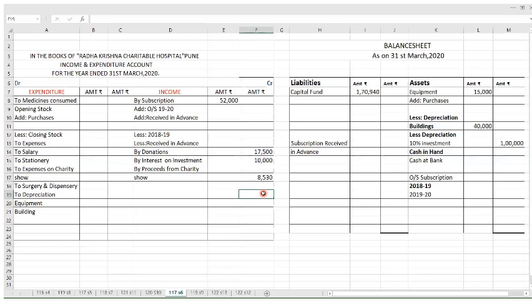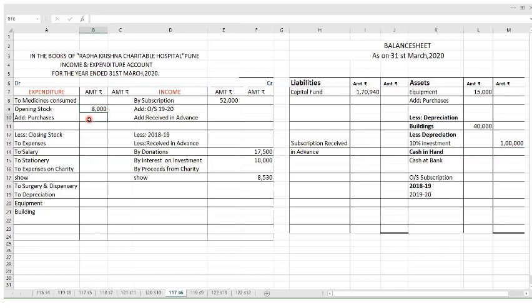Then next we're going to transfer the payment side. Here buy medicines purchase is given to you, and in your additional information the opening and closing stock of medicines is given to you. So we have to find out the medicines consumed during the year. For that we require the opening stock. The opening stock is given, 8,000. So in the inner column we're going to put the amount 8,000.